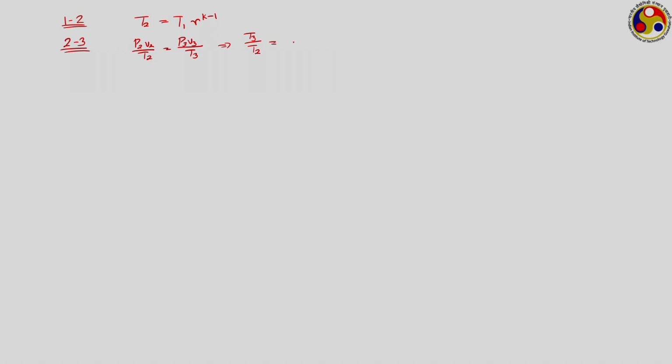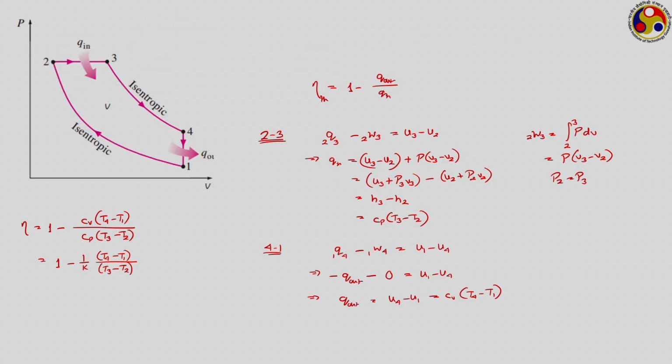So, T3 upon T2 is equal to V3 upon V2, which is equal to rc, which we have just defined. So, T3 is equal to T2 into rc, that is T1 into rc into r to the power k minus 1, for process 2 to 3. Similarly, for process 3 to 4, look at the diagram. 3 to 4 is an isentropic process.